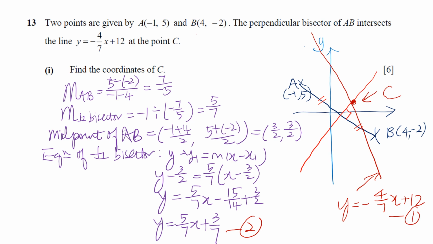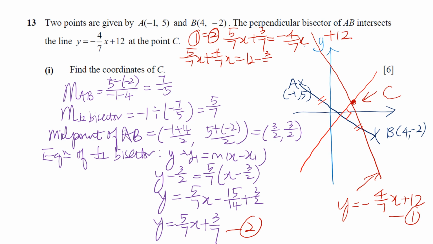Right, so I'm going to let 1 equal 2. So I would have 5 over 7x plus 3 over 7 equals negative 4 over 7x plus 12. Okay, group your x terms together.